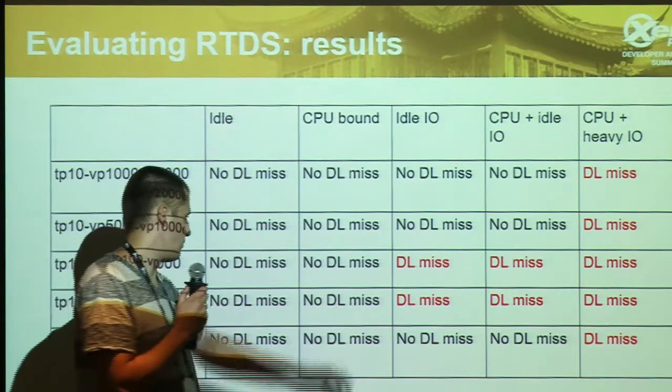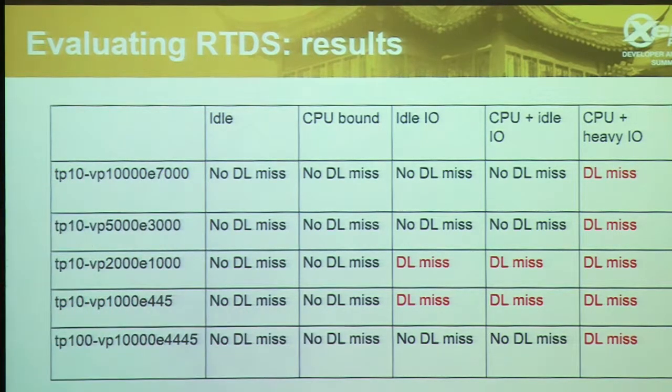For light I/O, we face deadline misses for tighter conditions for the CPU, and with heavy I/O, we face deadline misses for any configuration of the CPU for the domain.